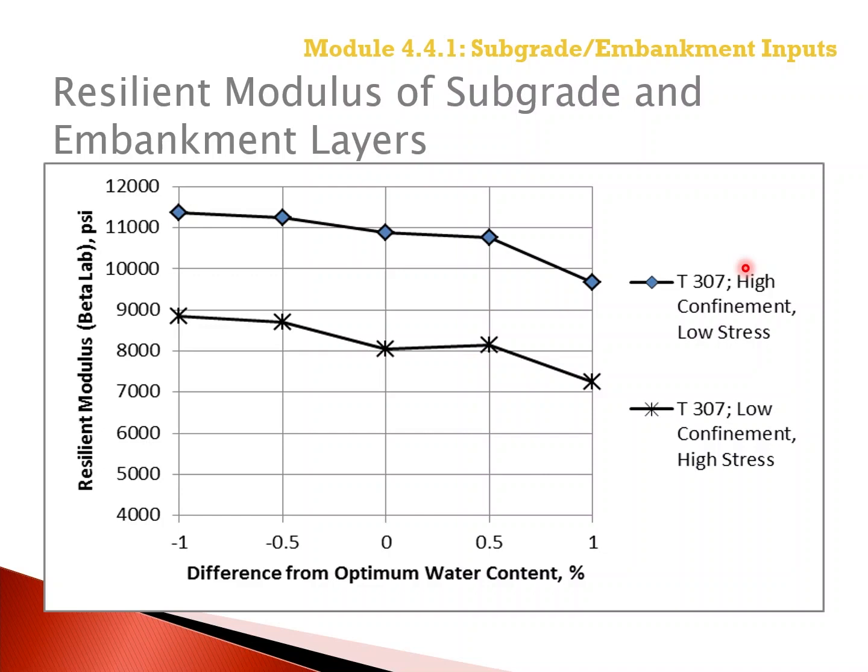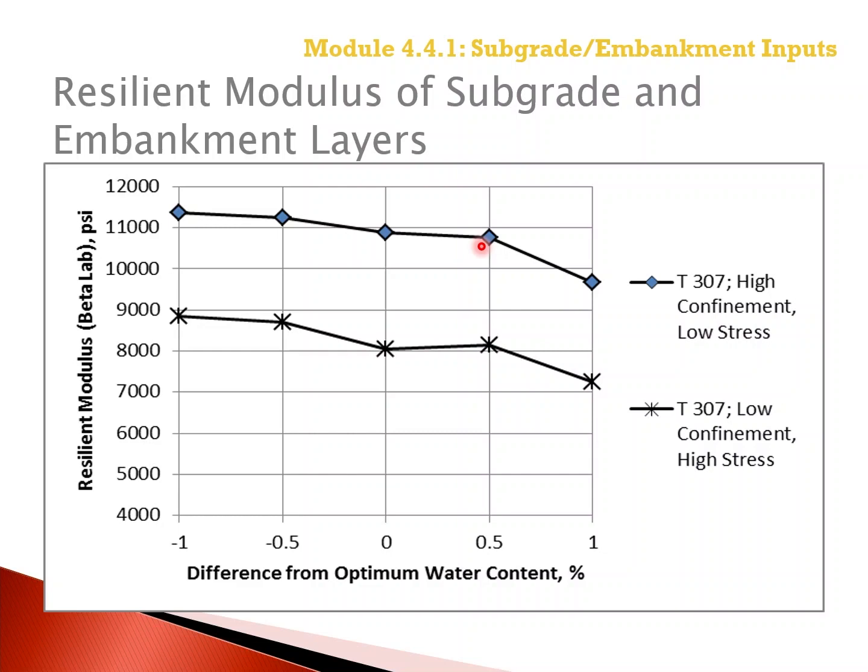And again, remember that the resilient modulus used should represent the average values used at construction for a design segment. So if this would represent an engineered embankment that has a density specification, and that density may be 95% of the maximum dry unit weight, then the test specimens used to measure resilient modulus should be used at the average percent compaction of that embankment layer.